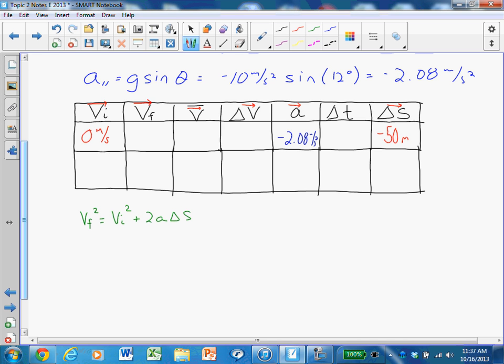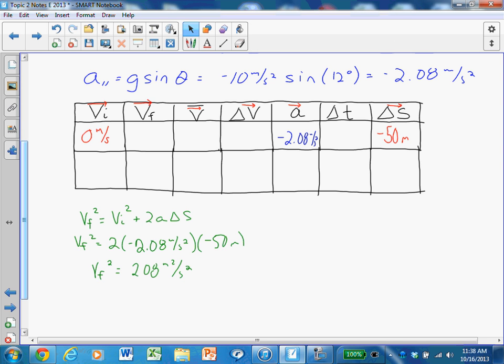Right? The final velocity squared, that's 0. 2 times minus 2.08 meters per second squared times minus 50 meters. Calculate it. 208 meters squared over second squared.